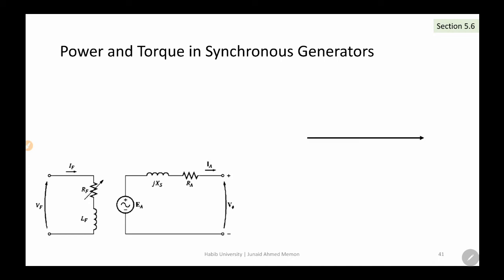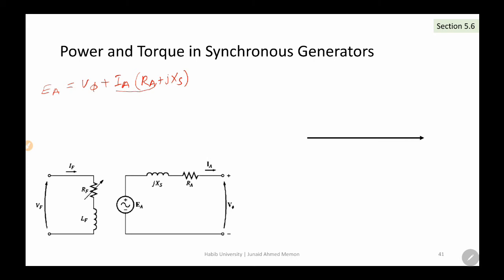First of all, we have the same phasor diagram. Again, let me write the equation here: your internal generated voltage EA is equal to V phi plus IA RA plus jXS. This is our basic equation, and let's suppose this IA RA component is very small.